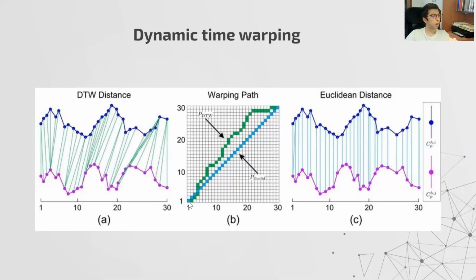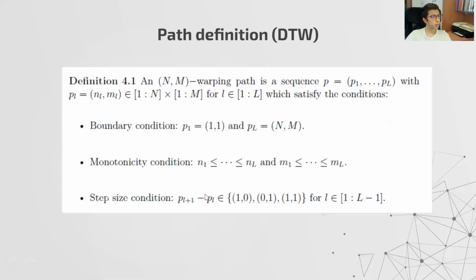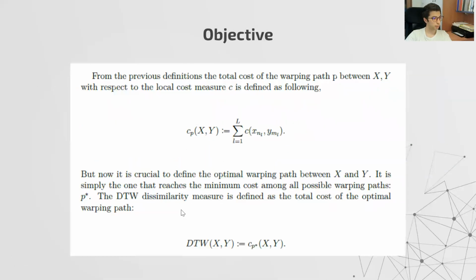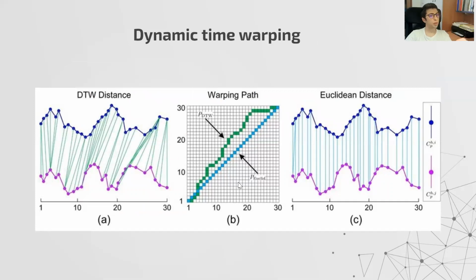So we evaluate for each point, and so in each cell, we have the distance or the cost between the cell of the x-axis and the cell of the y-axis. We have to evaluate all the possible paths that satisfy these three conditions and find the one with minimum cost. So this is the objective.